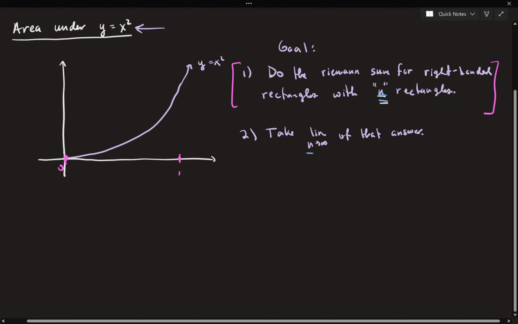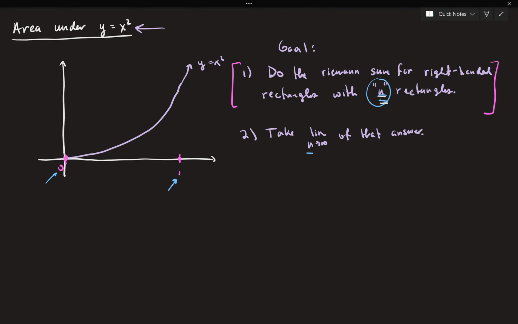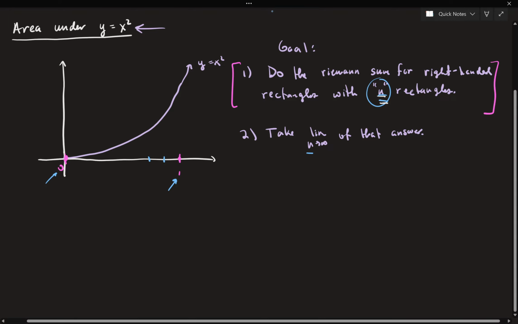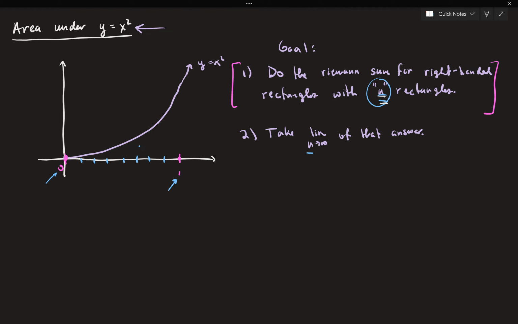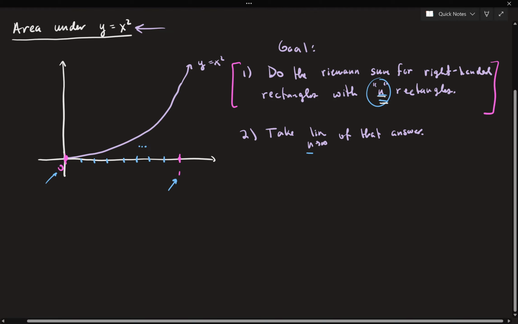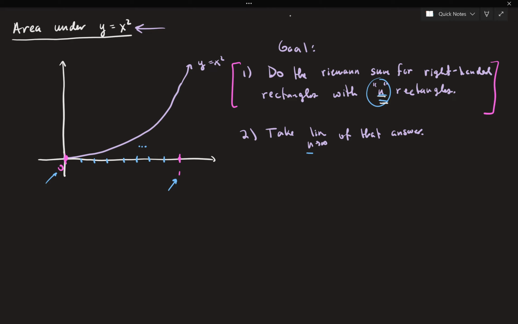So what do we do first? We always cut up the interval that we're finding the area under into n pieces. It's hard to draw because I haven't specified, but I have n of them, and they touch the graph on the right.